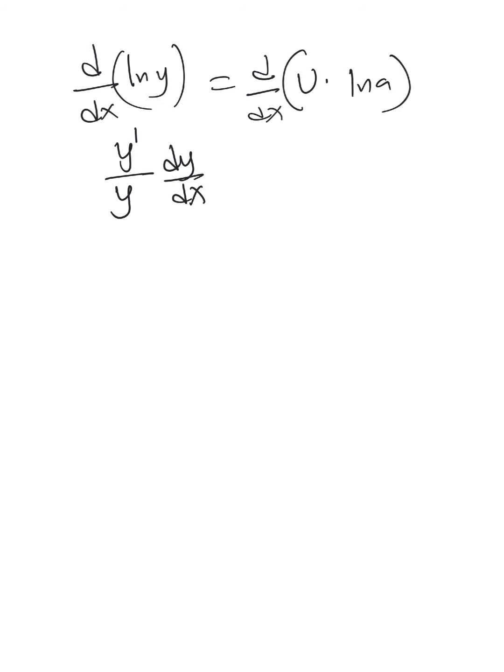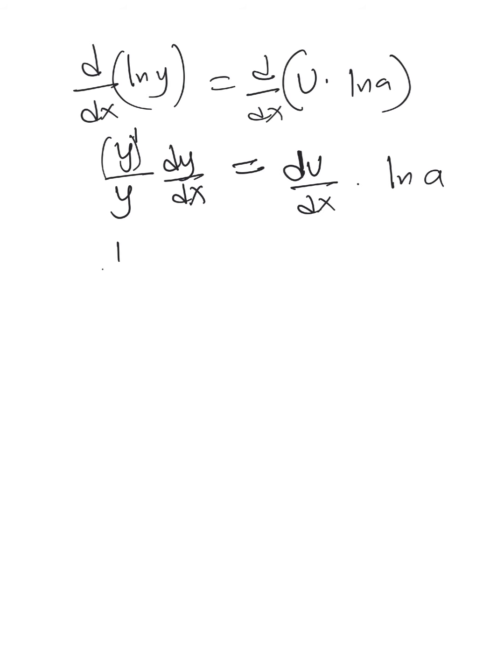Differentiate u, you get 1, but with respect to x, then multiply by natural logarithm of a. A is a constant, so natural logarithm of a just multiplies the derivative. It's just a coefficient.